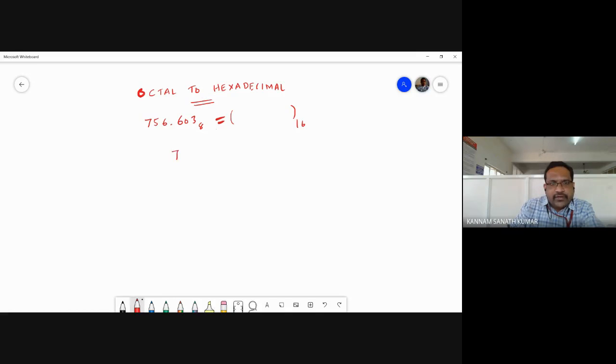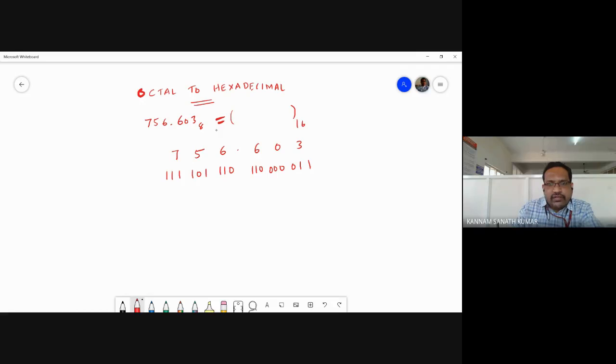Suppose 756.603 is there. So first, you know the binary value for the related octal value. So 011 000, and 6 is 110, and 6 is also 110, and 5 is 101, and 7 is 111.